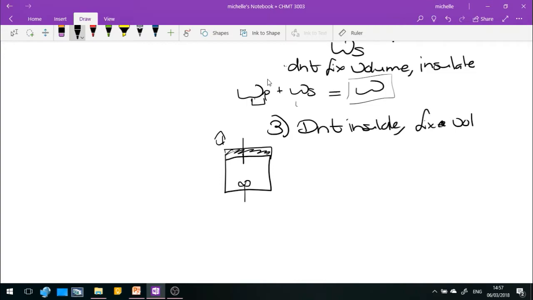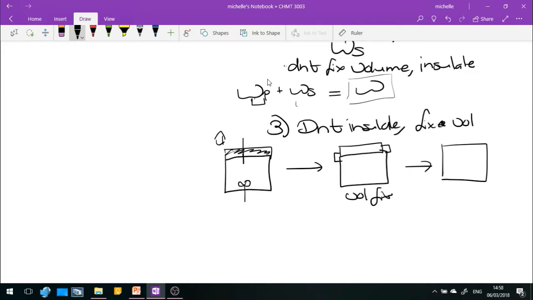Then I move to another state where I have a fixed volume, so I lock my piston, and I let it rest. After some time, my volume is fixed.